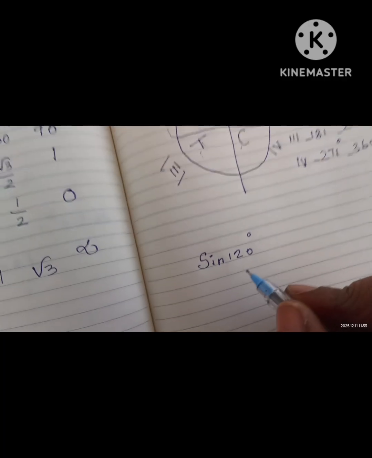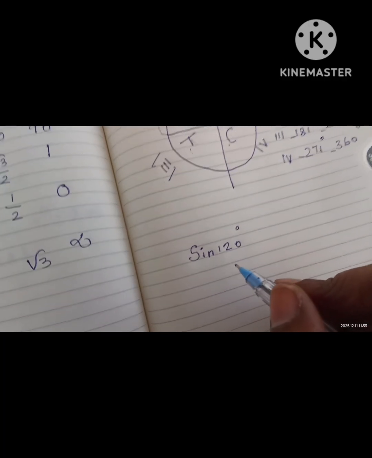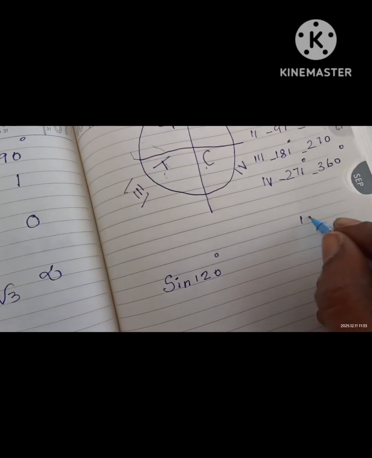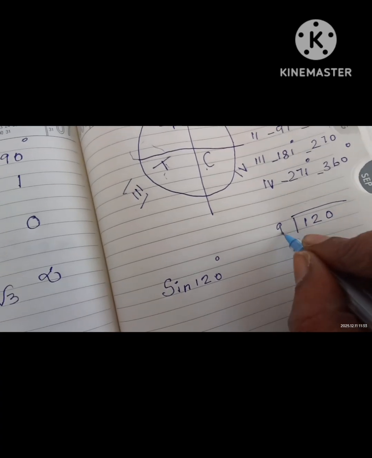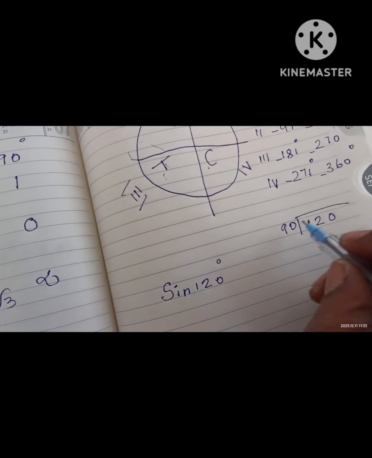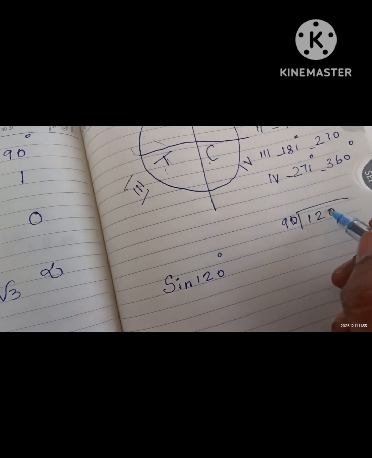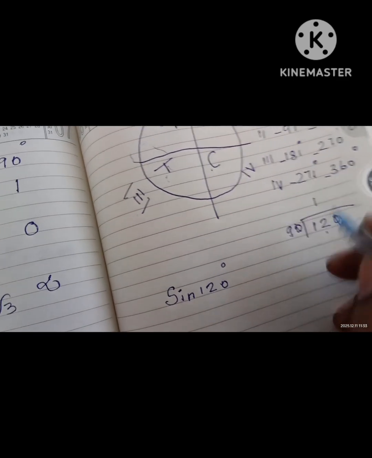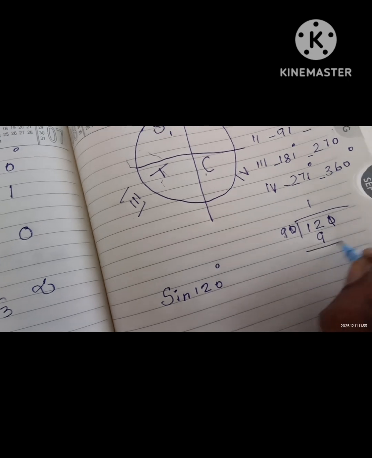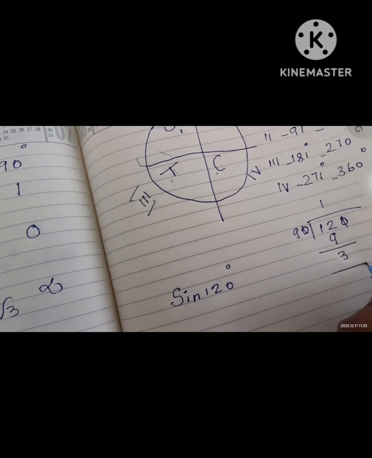Whatever the angle may be, we have to divide that angle by 90 degree. So when we divide this 120 by 90 degree, what do we get? This 0 will get cancelled. Then 9 and 12, 1 9 is 9 and remainder 3.